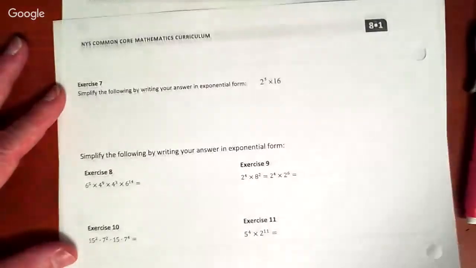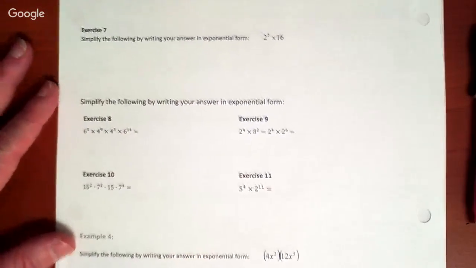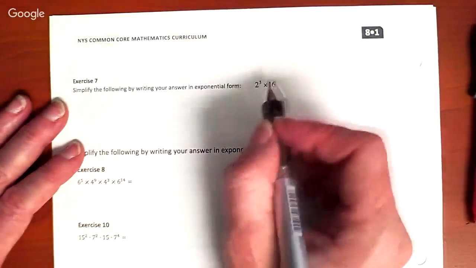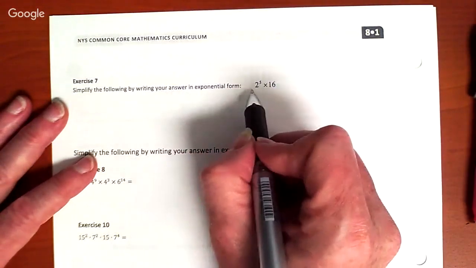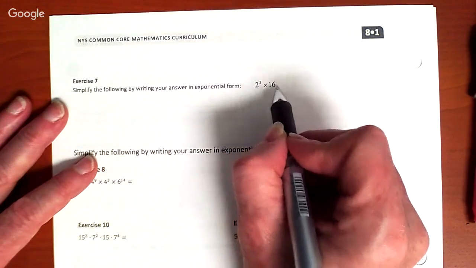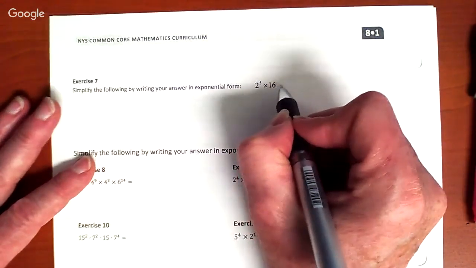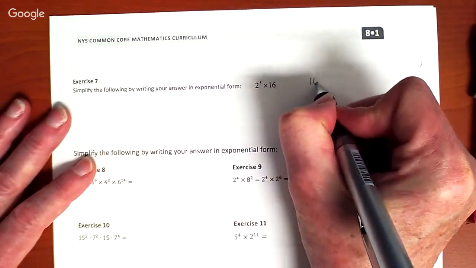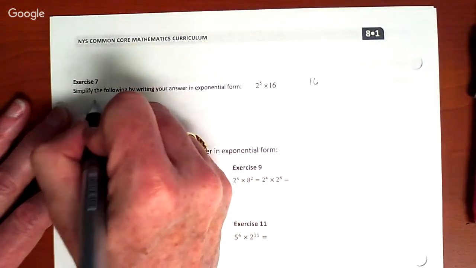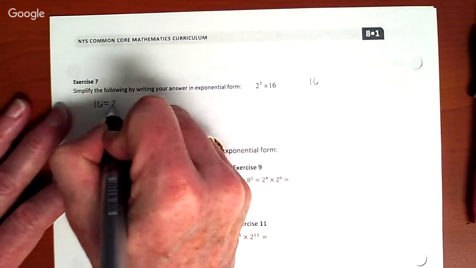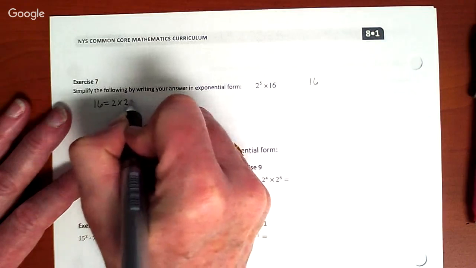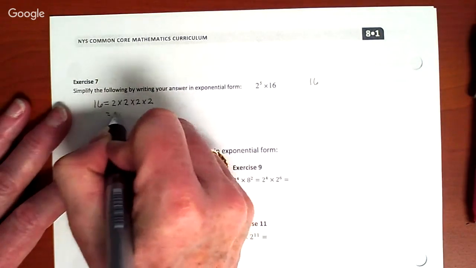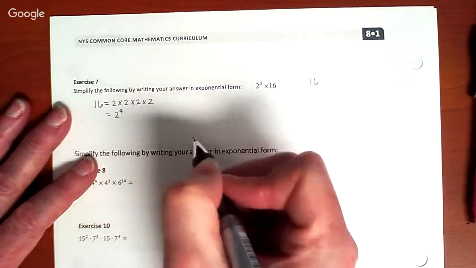Next, to simplify and write in exponential form, 2 to the 5th times 16. Well, 16 can be written as 2 times 2 times 2 times 2, or 2 to the 4th power.